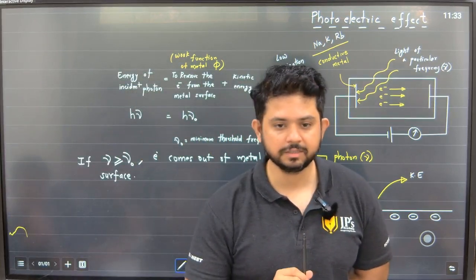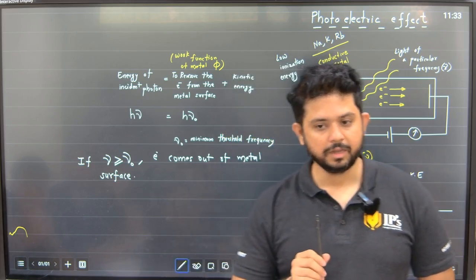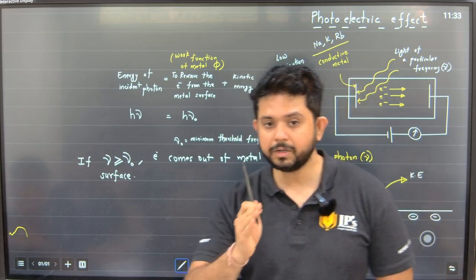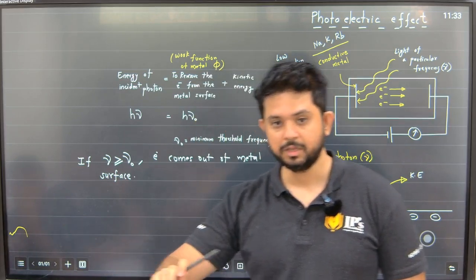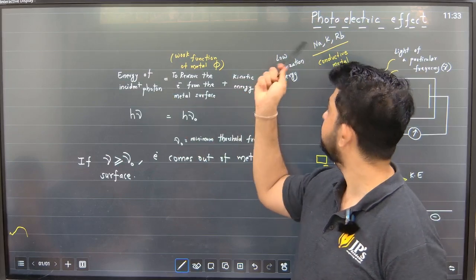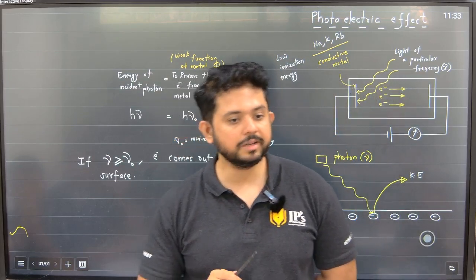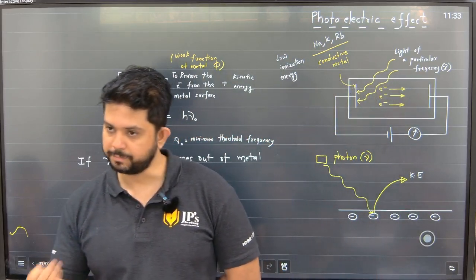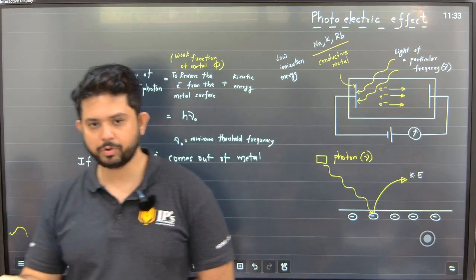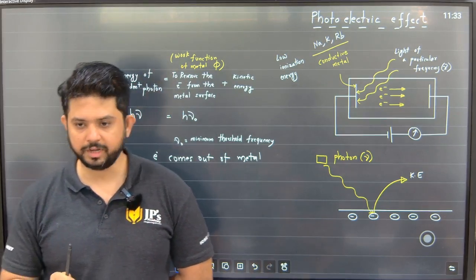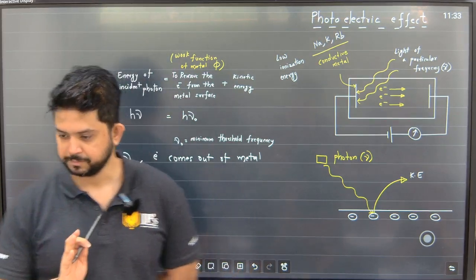Did you get that? So I repeat, every particular metal used will have a different threshold frequency. So the frequency which worked for potassium may not really work for sodium, or the frequency which worked for sodium may not really work for nickel, things like that.